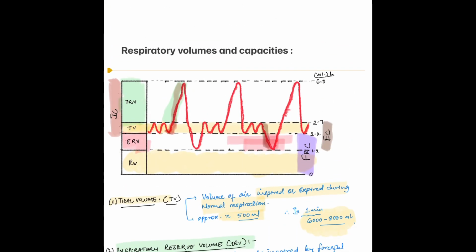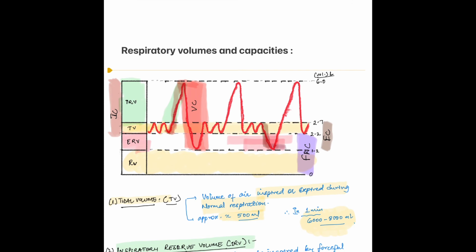If a person is at maximum inspiration and now he is breathing air out of his lungs, and as he tries to breathe maximum air out of his lungs, after maximum expiration, only residual volume is remaining inside his lungs. So he has removed his inspiratory reserve volume, his tidal volume, and his expiratory reserve volume. This is the vital capacity.